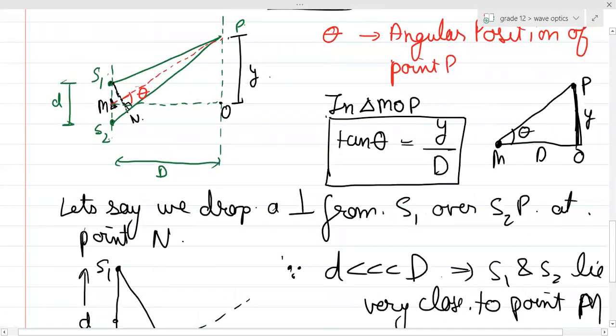Now look carefully, guys. Suppose this angle is theta, this angle is 90 degrees. Can anyone tell me what will be this angle? What will be this angle?